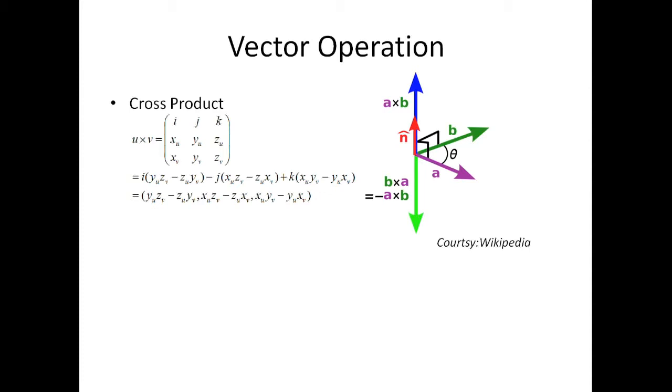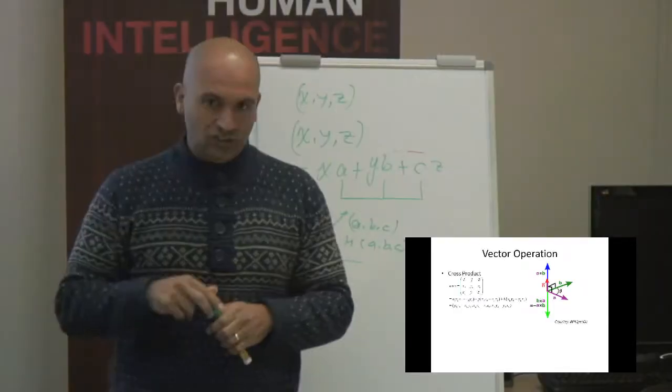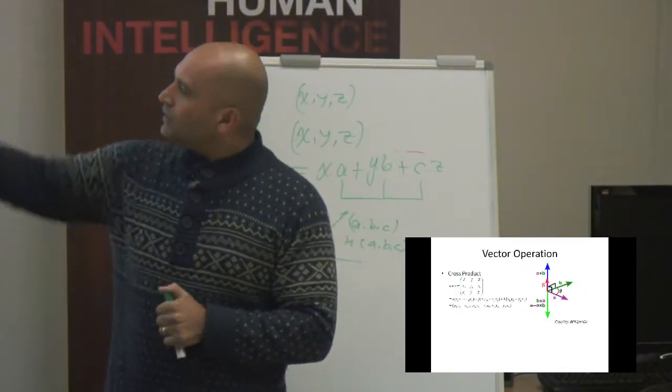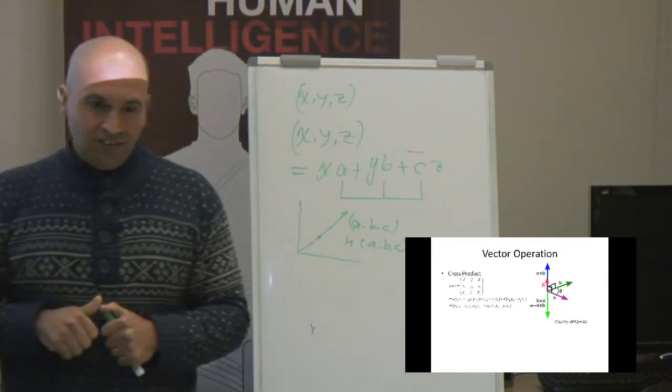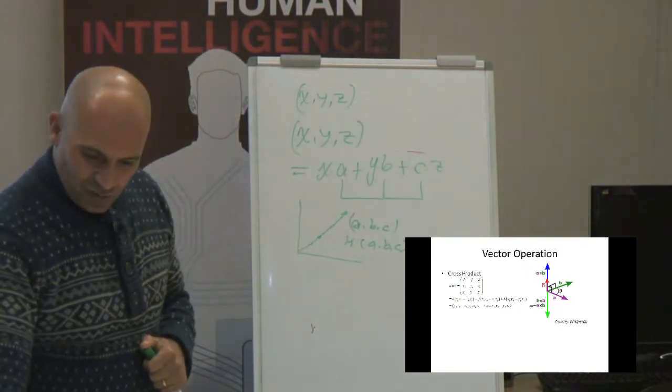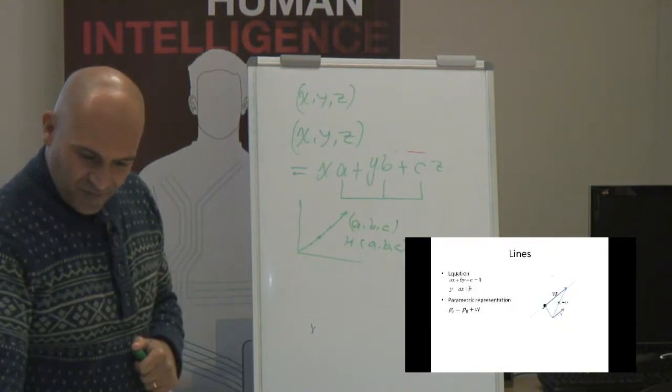The only difference between a cross b and b cross a is the direction of the normal. People often confuse doing a cross b or b cross a, but it just changes the direction. And this is the simple formula to compute the cross product.